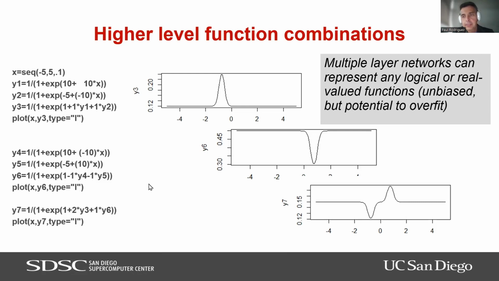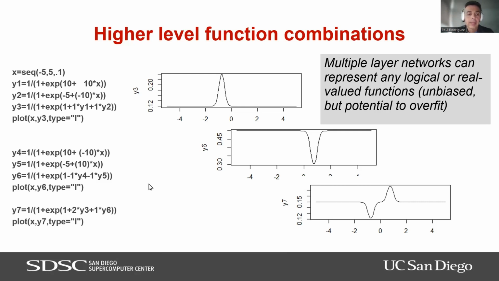In machine learning terminology, we would say these are unbiased models because they can learn any function. But when you have unbiased models and you're adding parameters, you have a lot of potential to overfit. So that's really the name of the game with a lot of different models, but especially with neural networks: you really are doing what you can to avoid overfitting.